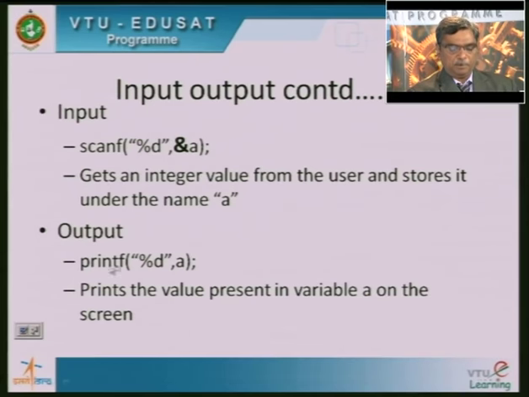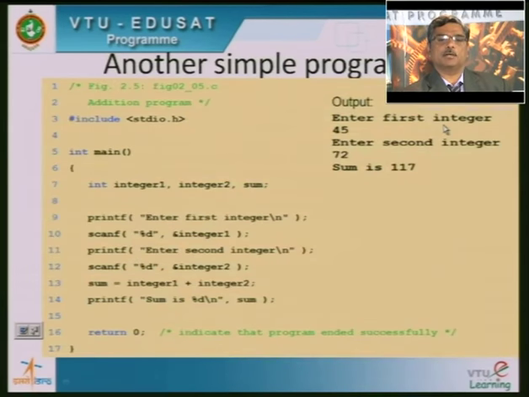Similarly, to print this variable, you use %d and A. One observation you have to make: while reading you use the ampersand, while printing we will not use it. You should always remember this. It prints the value present in the variable A on the output screen. This is how the input output statement works.